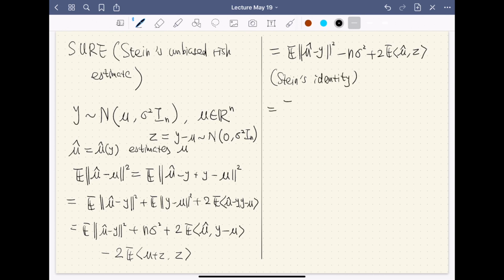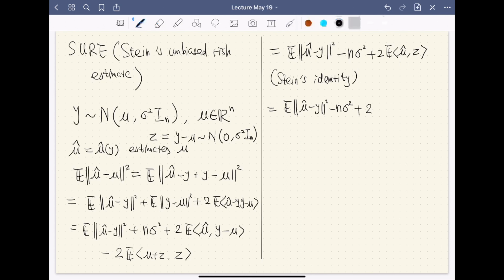This is actually the same argument we used in the analysis of the James-Stein estimator. We can write this guy by Stein's identity. If you forget, you need to take a look at the formula again. Plus 2. Okay, so here I made a mistake.